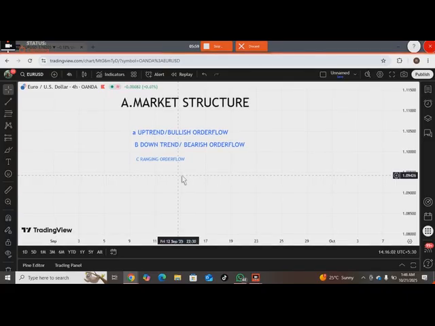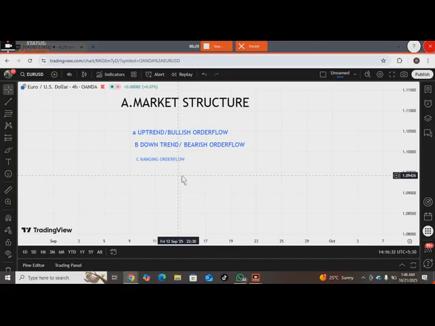So in a market structure, there should be participants of the market. For it to be a market, there should be buyers, there should be sellers, and there should also be a product which is being sold.